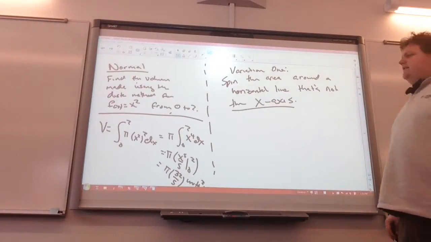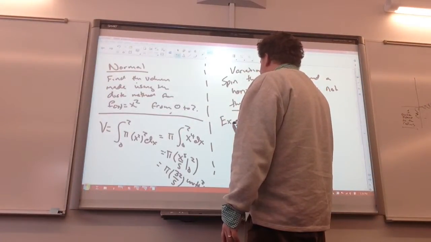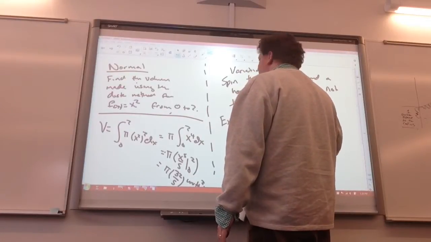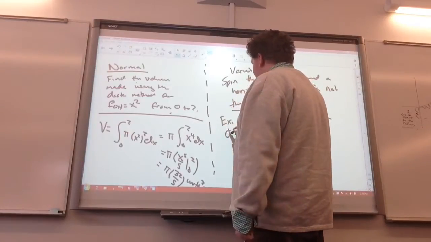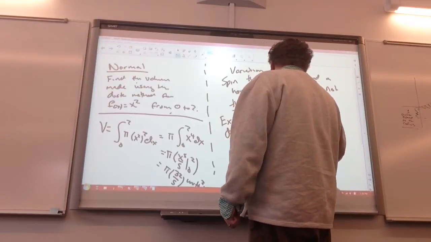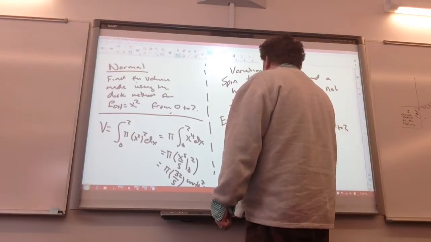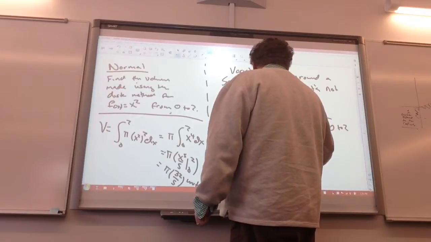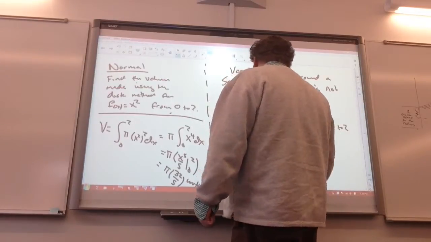Basically here we're going to use the same thing. We're going to find the volume using the disk method for x squared from 0 to 2, spun about the line y equals -1.